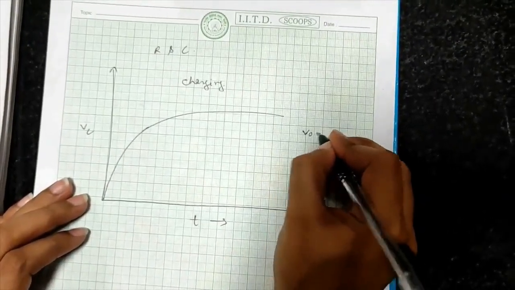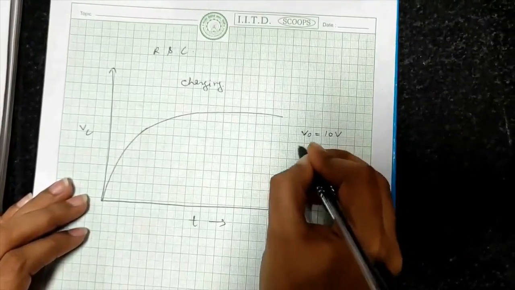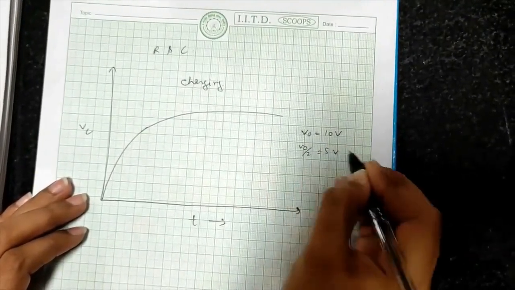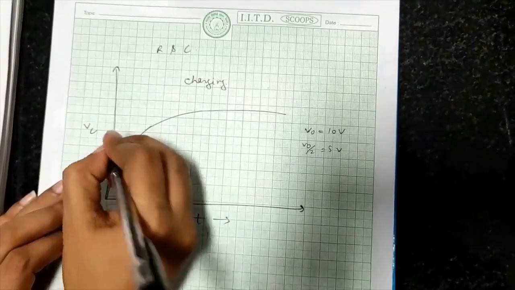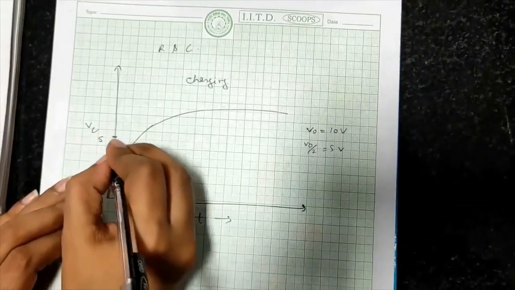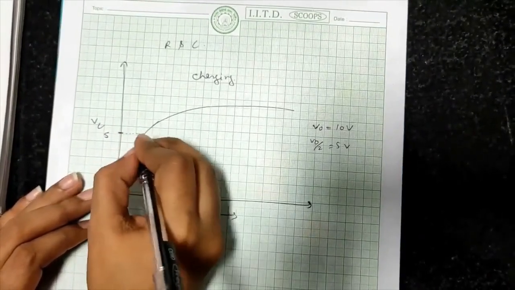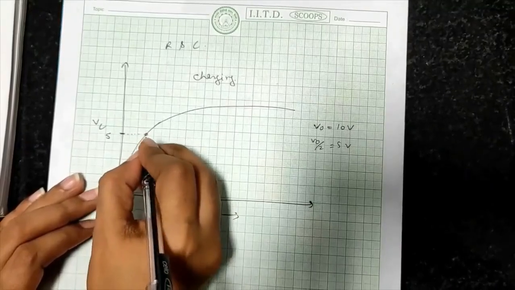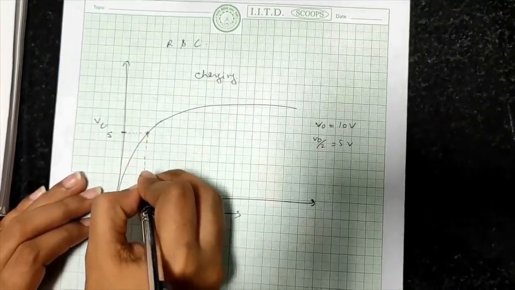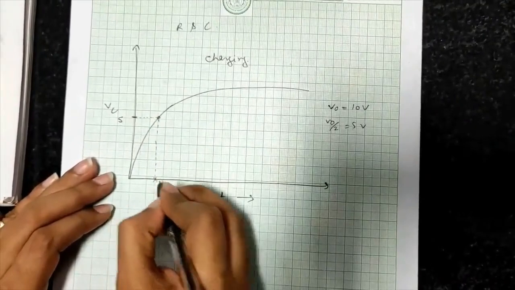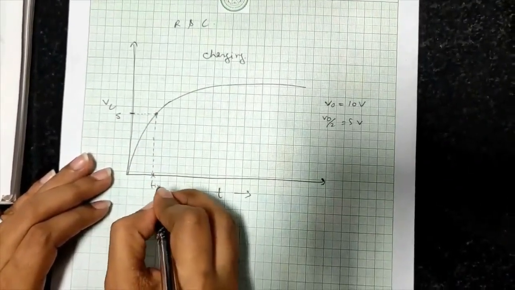Suppose we have taken V0 as 10 volt, and V0 by half will be 5 volt. So we draw a line from this point, and it will cut the graph at some point, and just draw the normal from this point to the x-axis. And this point will be your time constant.